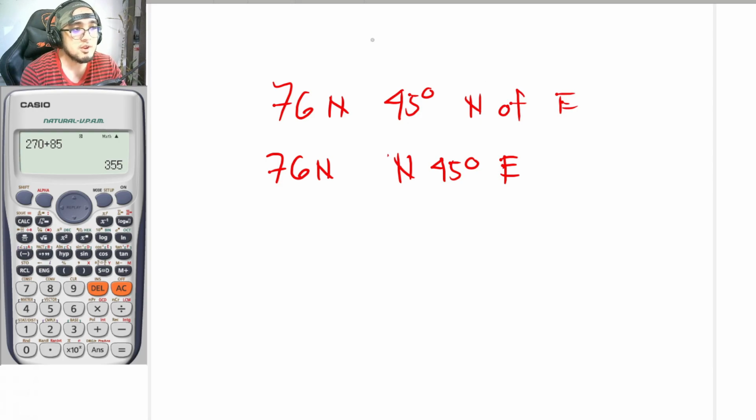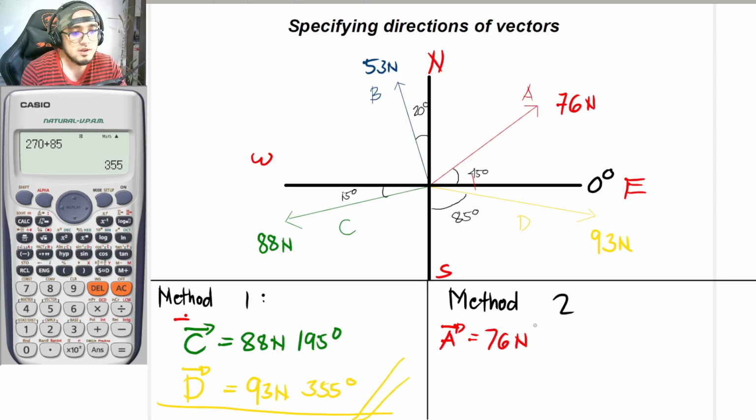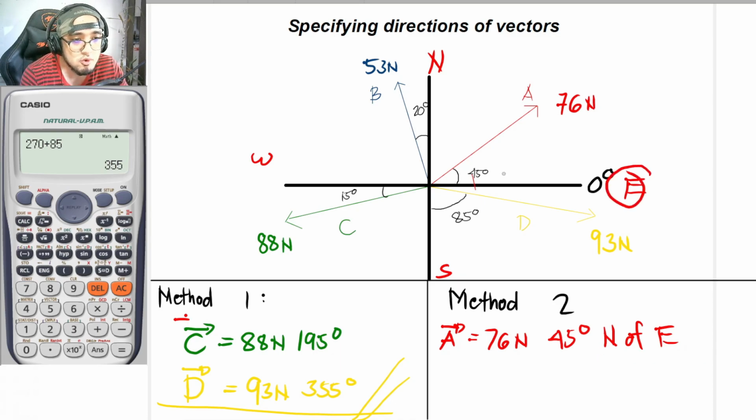So it should be the other way around. So for this one, I will just be writing here 45 degrees north of east. So take note, north of east. So what that means is that from east, you would be going north. So that is it. Okay, so what about for this B?